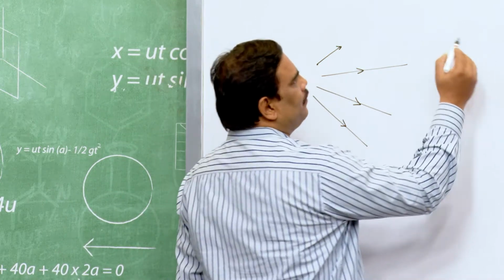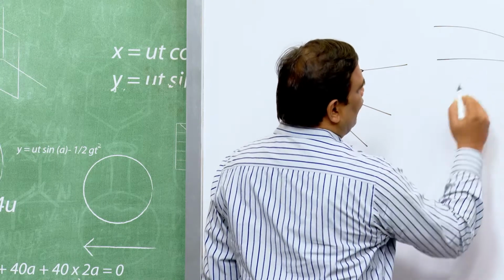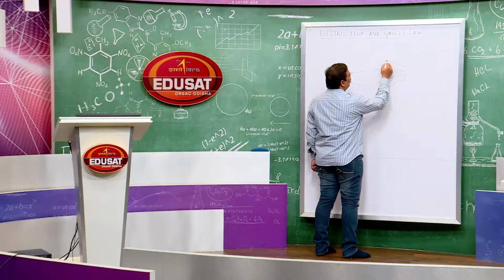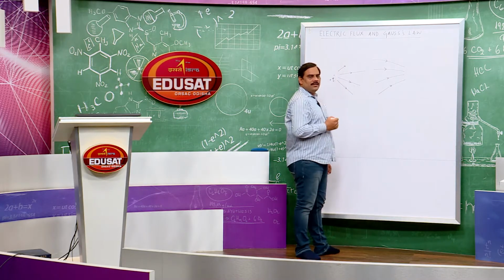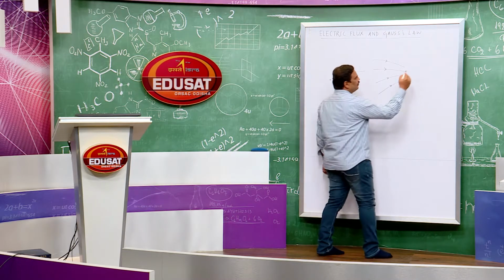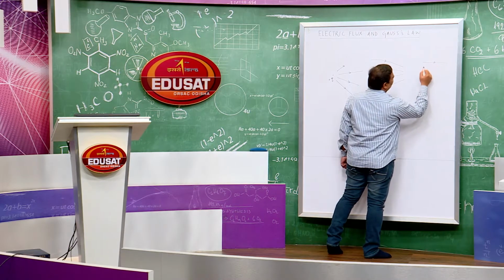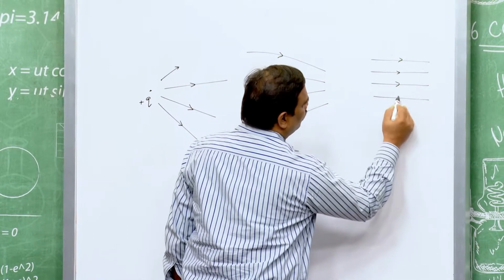Let us consider two types of lines of force. This is one type of line of force where the field lines are not parallel, and in another case the field lines are parallel.